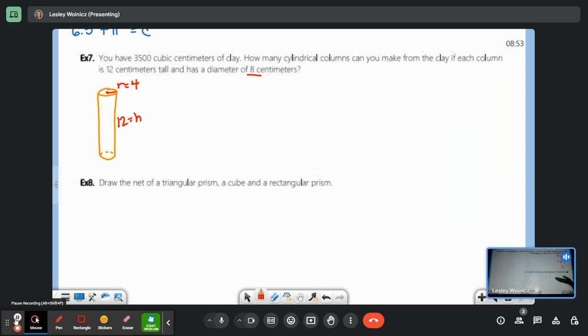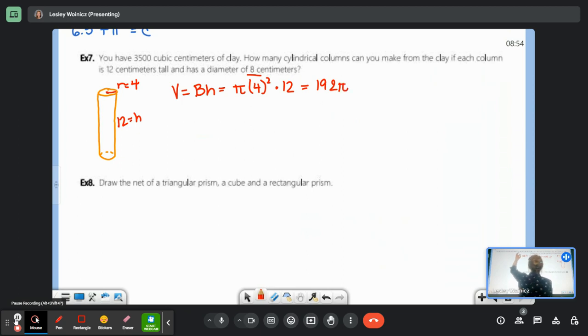So we need the base area. What would that be? Okay, pi r squared, times the height of the entire thing, 12. Okay, let's round at the end. What do we get? Okay, 192 pi. This will be centimeters cubed.